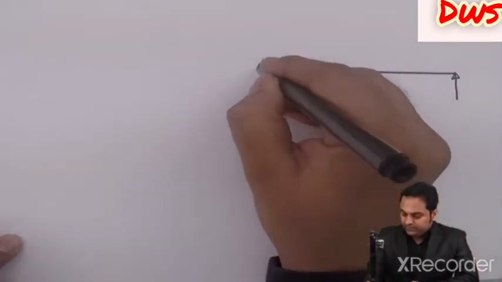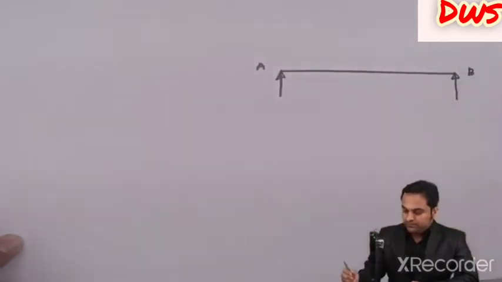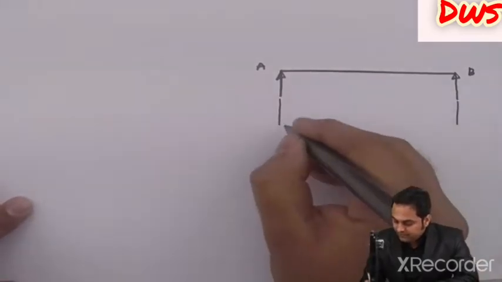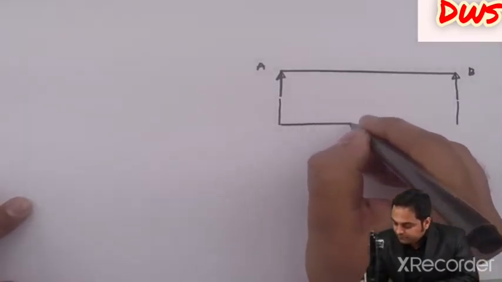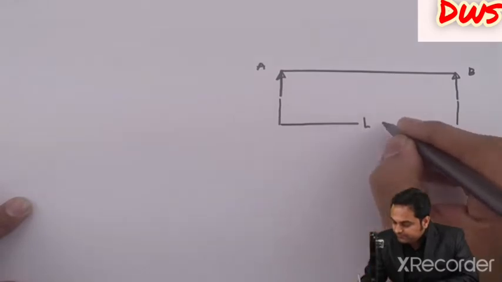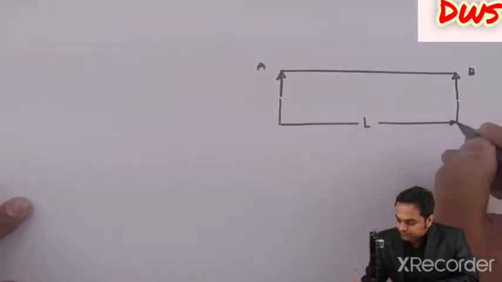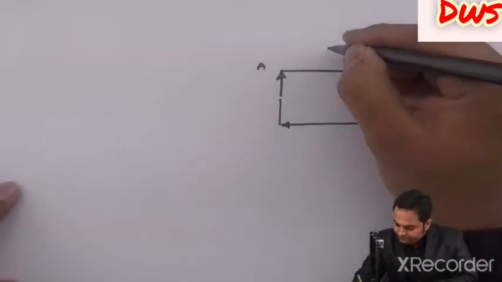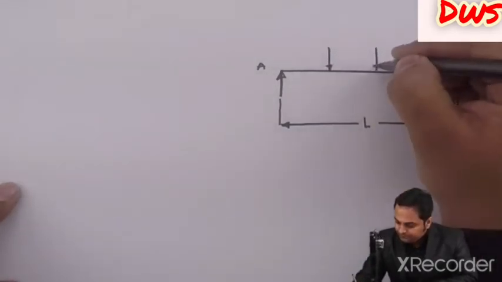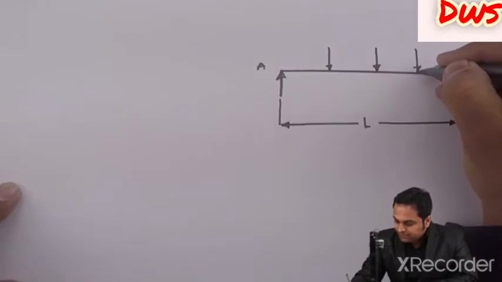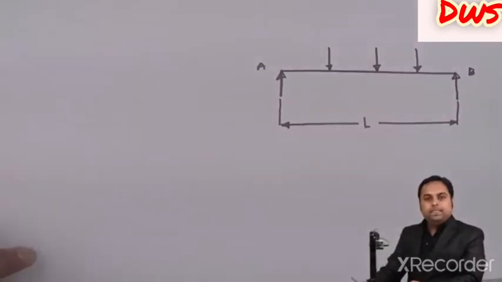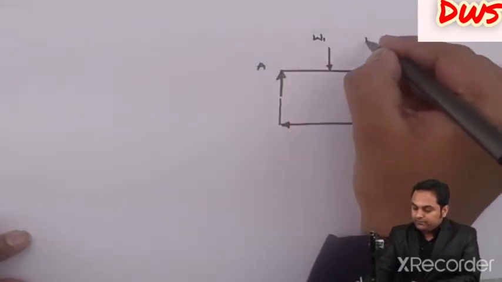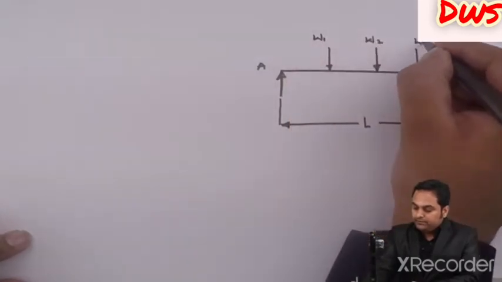Here I am considering a simply supported beam having length L. Then on this simply supported beam there are three loads. I am just taking this example that there are three loads, W1, W2 and W3.